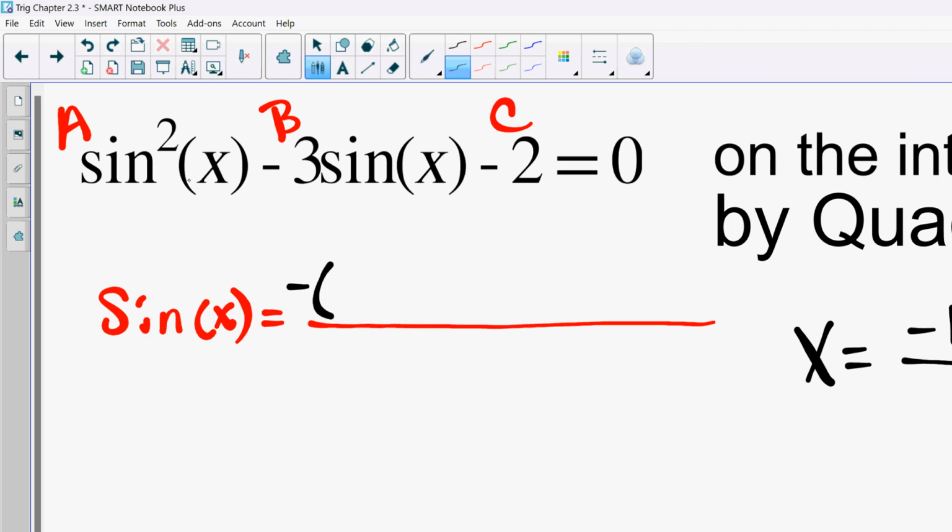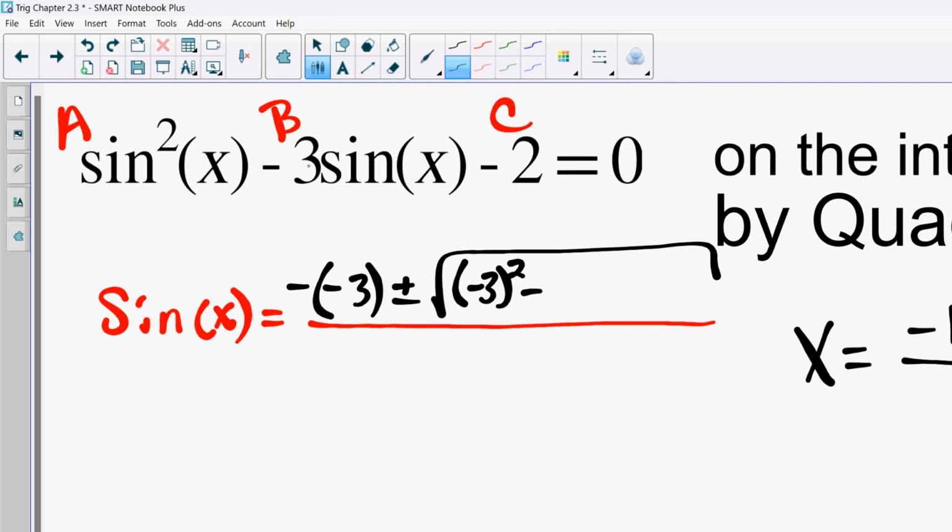So we'll have negative b, which is negative 3, plus or minus the square root of b squared. Negative 3 squared minus 4. Well, the number in front of sine squared, our value of a is 1. And c is negative 2, all over 2 times 1.